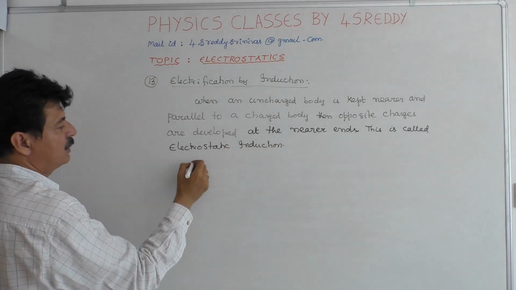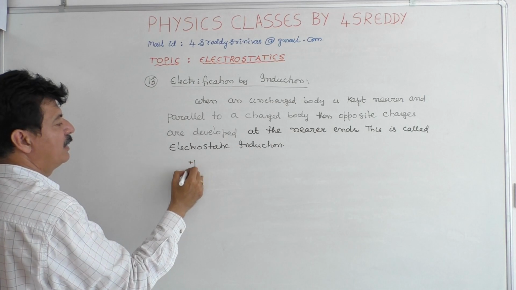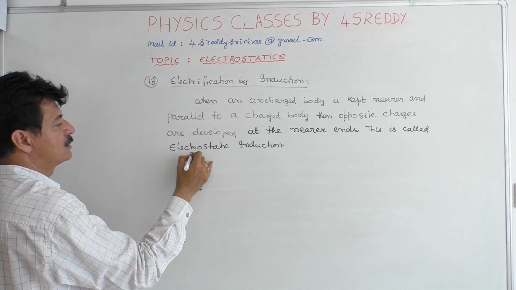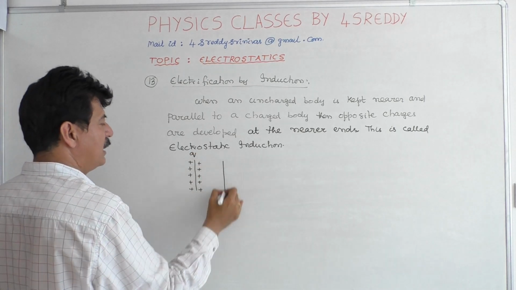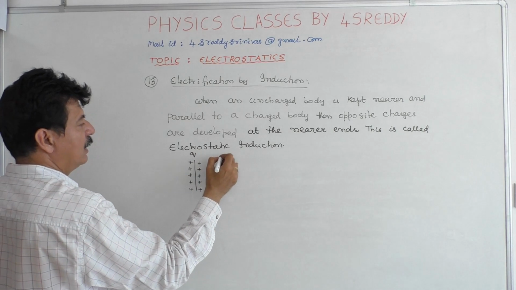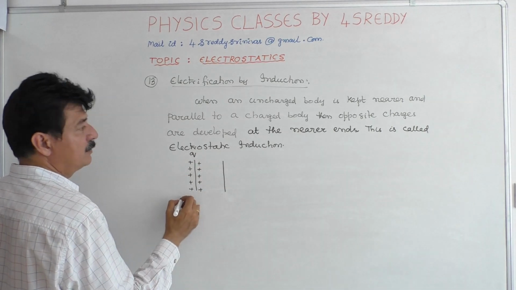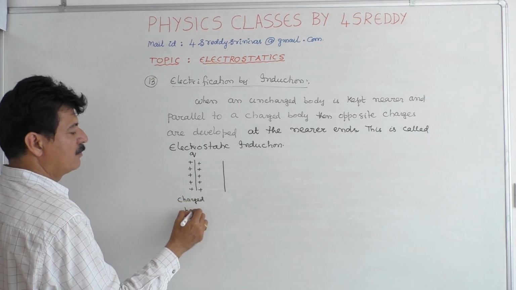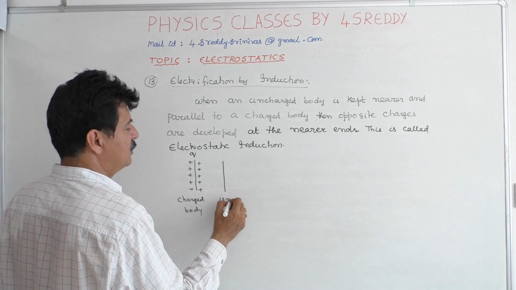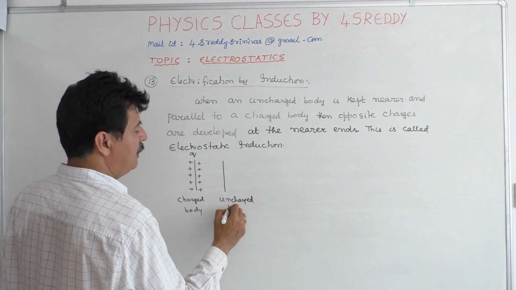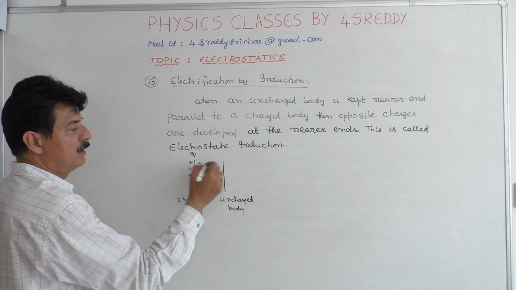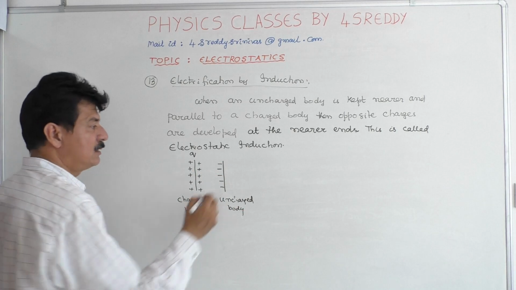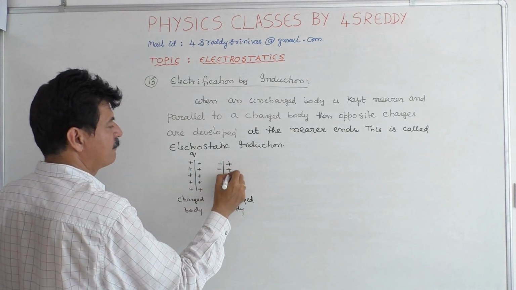That means suppose you are given a charge, let us say this is plus Q. And here this is an uncharged body, and here this is the charged body. When the uncharged body is kept nearer and parallel to this one, then at the nearer ends opposite charges are developed like this.